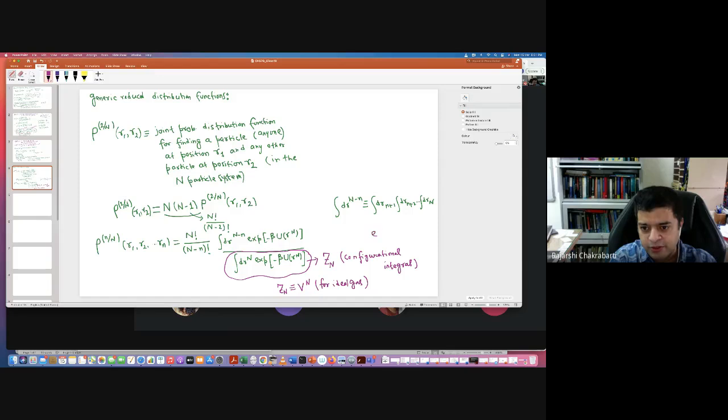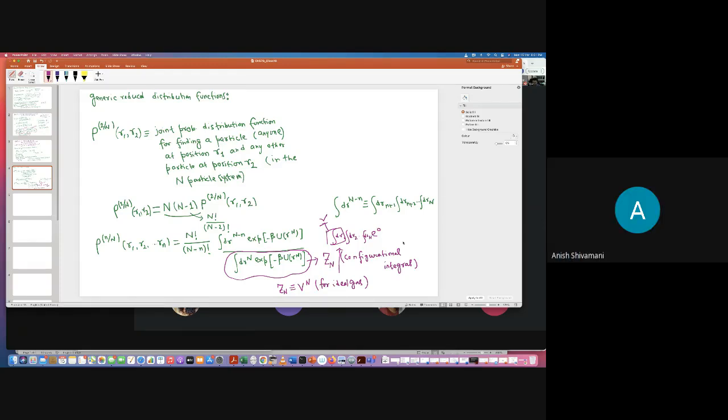Exponential of 0 is 1, and then you have dr1, dr2, like this, drN, and each of them will give me V. If you cannot answer, how can you do theoretical chemistry? It's difficult. Okay, so this is how it is. This is the configurational integral and it's fine. This is how it should look because we are going to use this in today's class. I hope that you're following.